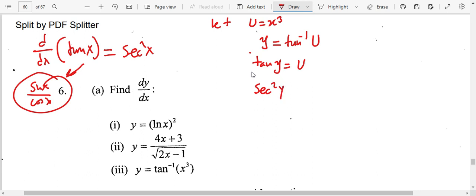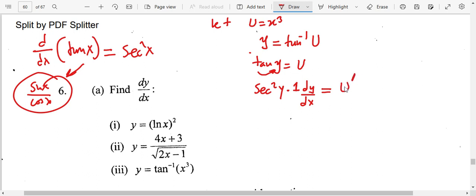And then after you differentiate the tan, also differentiate the angle, the y. Now if you differentiate y, if you differentiate x, if you differentiate t, if you differentiate z, you get a 1. But every time you differentiate y, you always add dy over dx because it is an implicit function. And that is going to be equal to, you are also differentiating u, so that is going to be u prime.